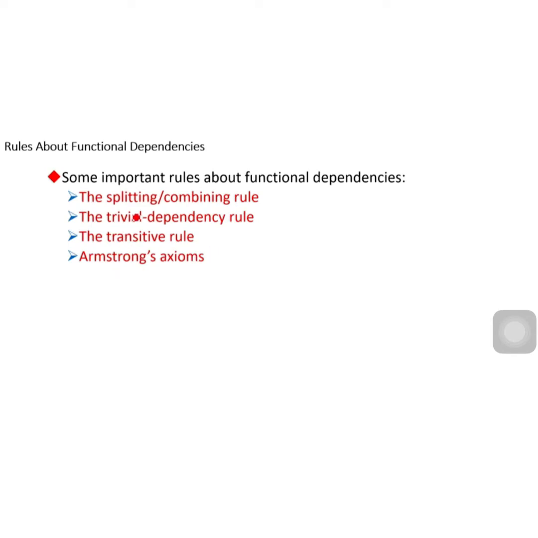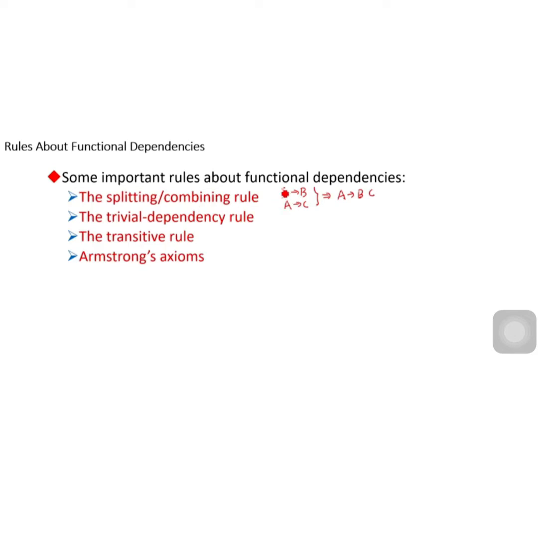Splitting and combining rules. If in a relation A functionally determines B and A functionally determines C, then based on this rule we can get A functionally determines BC. This is the combining rule.